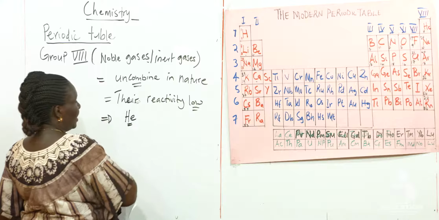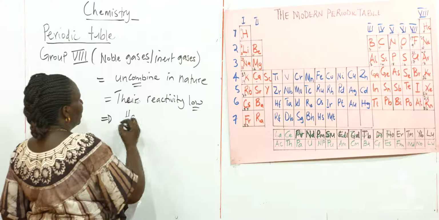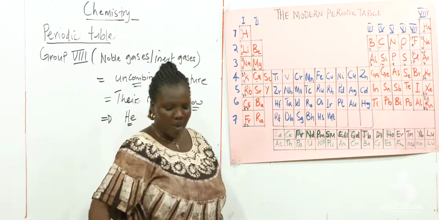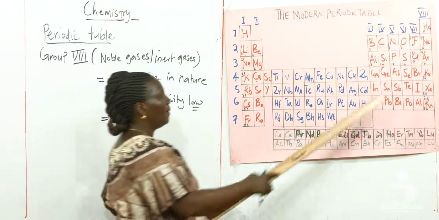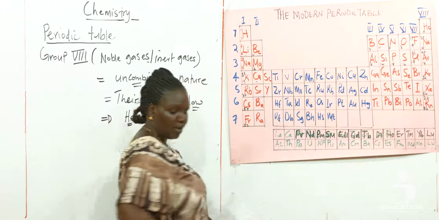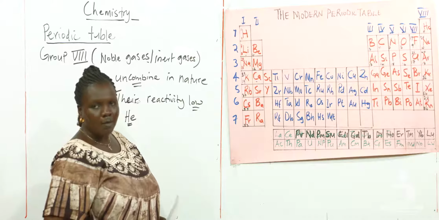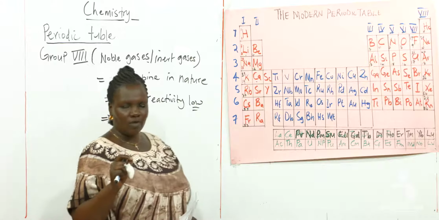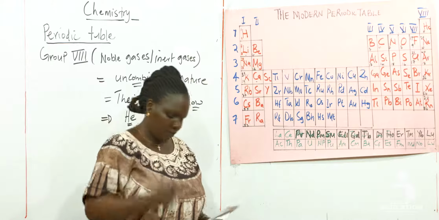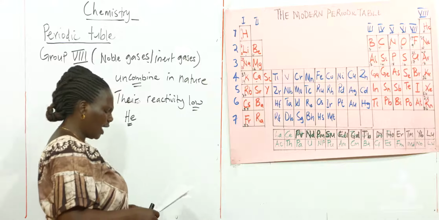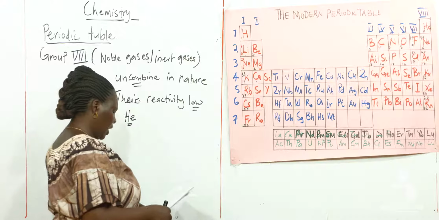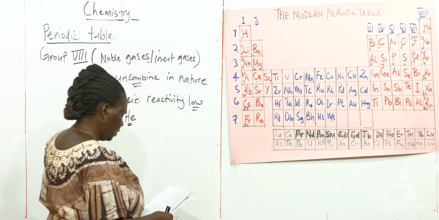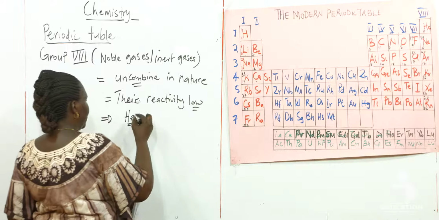Helium is an exception. It is the only element that has 2 electrons, but it has the same properties as the rest of the elements of group 8. All members of group 8 have 8 electrons in their outermost energy level, with the exception of helium, which has only 2 electrons.